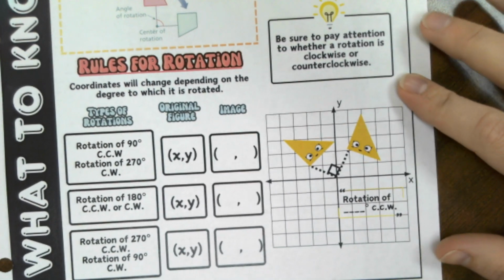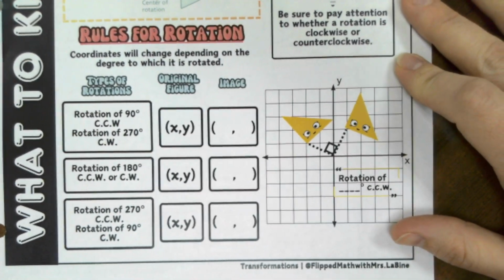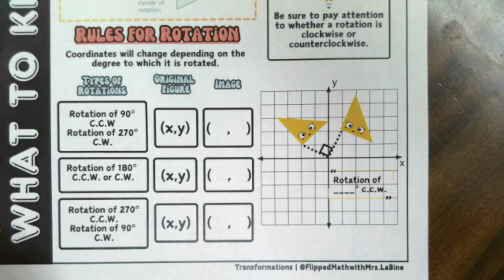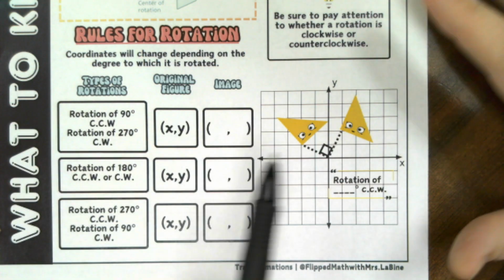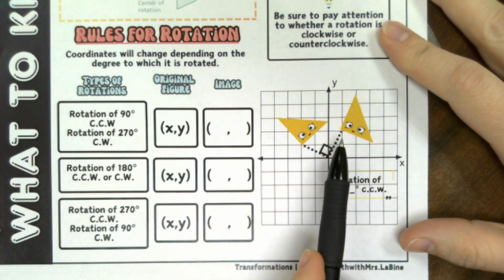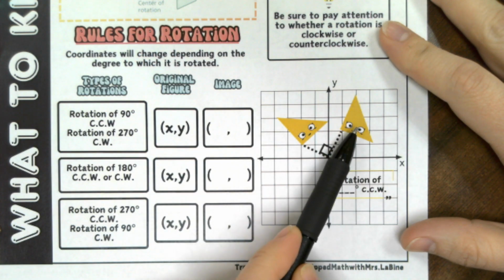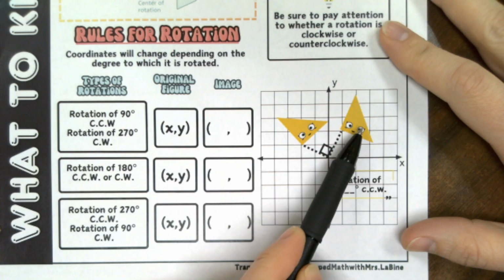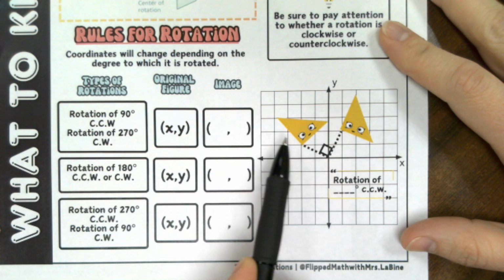Okay, so in the rules of rotation, coordinates will change depending on the degree to which it is rotated. Here are the different types of rotations. A rotation of 90 degrees counterclockwise gives you the same formula as a rotation of 270 degrees clockwise. If my figure is here, 90 degrees counterclockwise is going to be about here, as indicated in our picture.